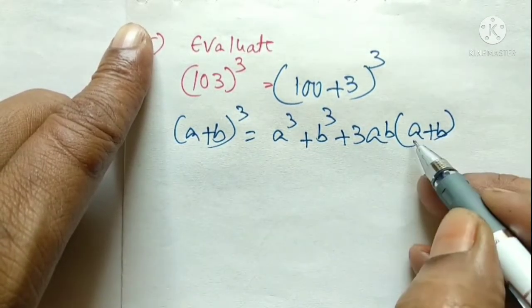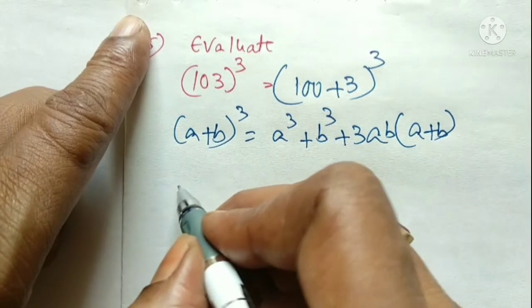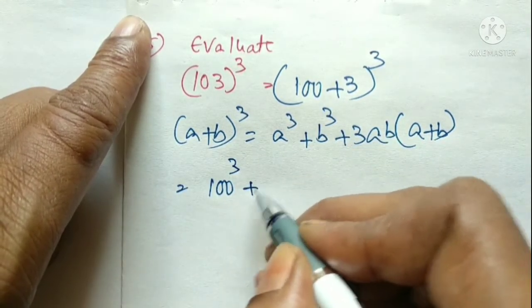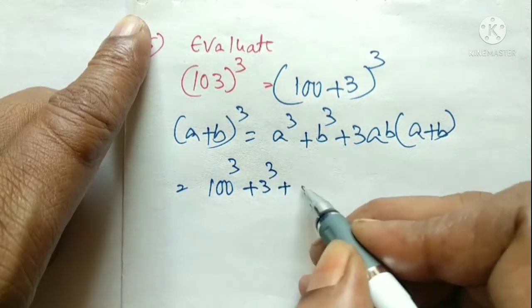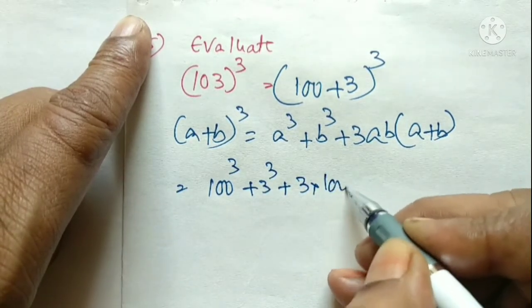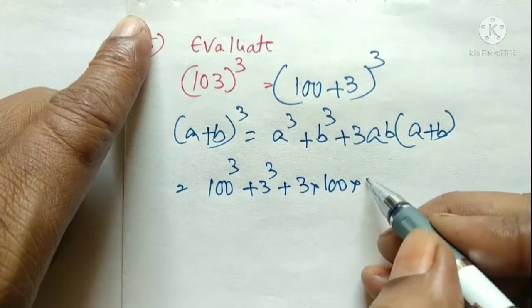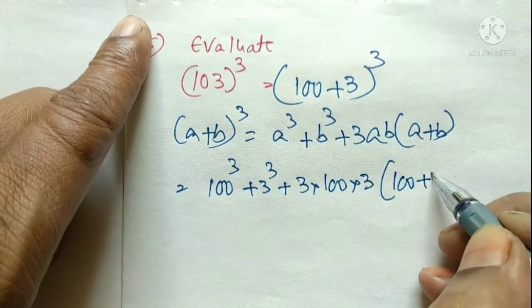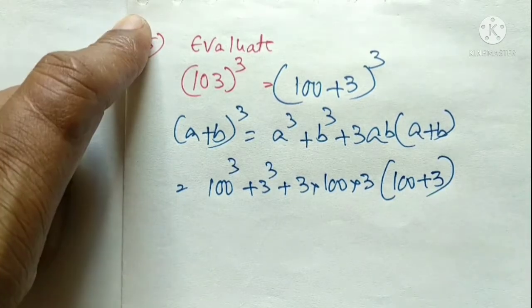This algebraic identity we are applying here. So then its value will be 100 cube plus 3 cube plus 3 into 100 into b, that is 3, multiplied by (100 plus 3).